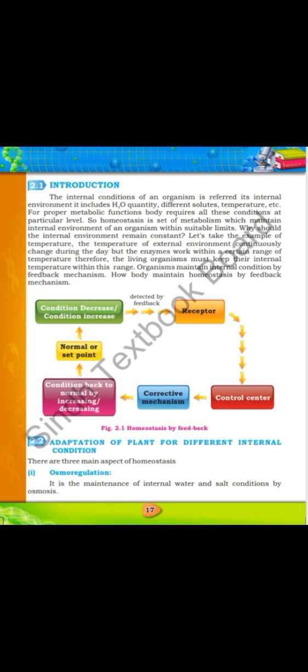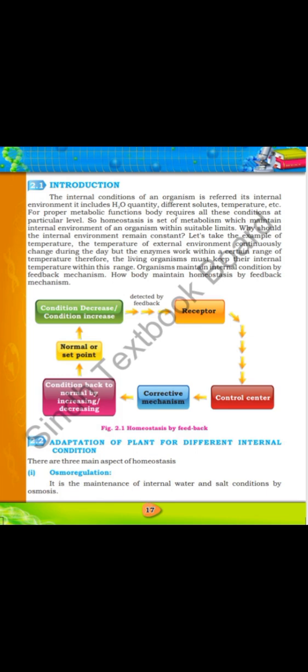And dear students, the internal conditions of organisms contain water, solutes, and also the temperature is included in the internal conditions of the organisms.